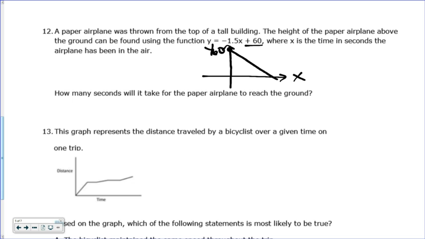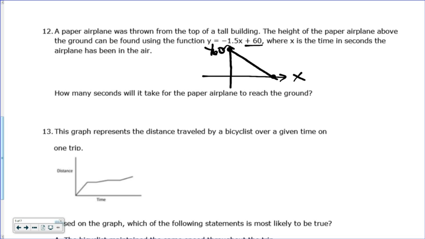Okay, and right here down at the bottom where I'm hitting the x-axis, that's telling me when the airplane hits the ground. Okay, and I know that it's going down 1.5 feet per second. So I'm looking at how many seconds will it take for the paper airplane to reach the ground.